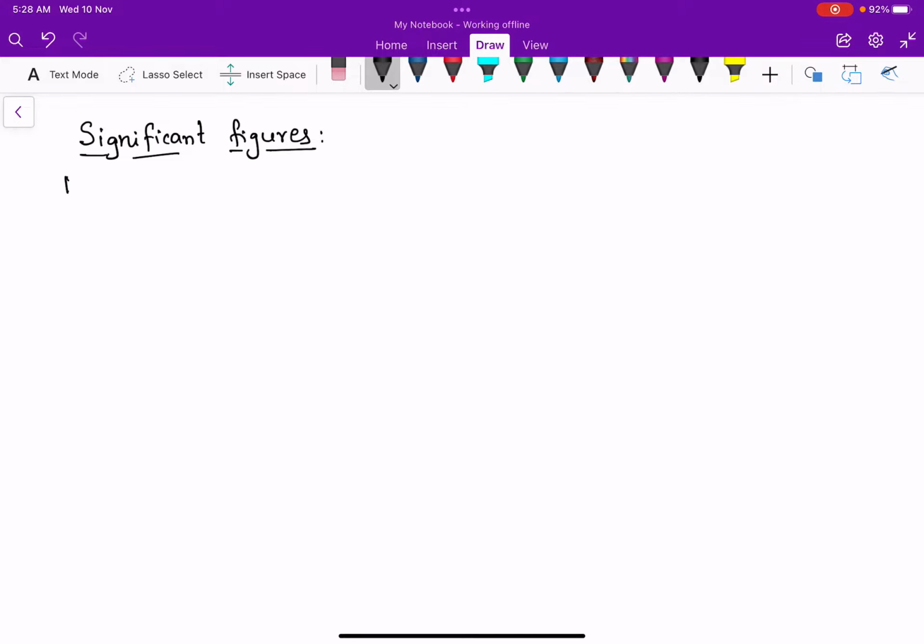If you find a result of any experiment or any value or calculation, it should have precision, or limit.